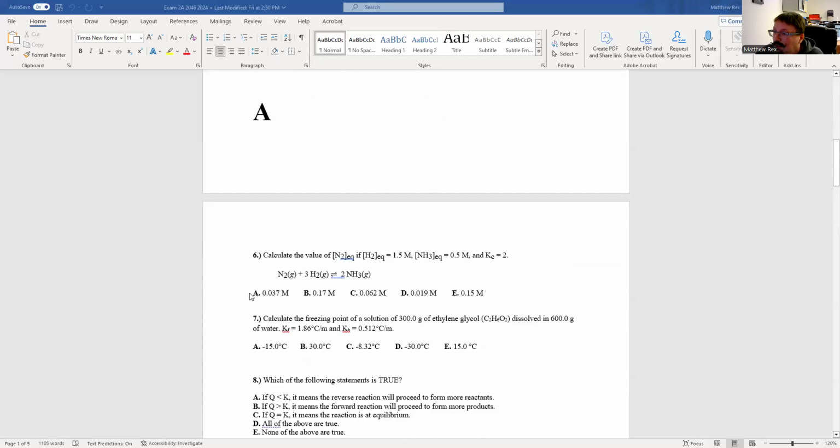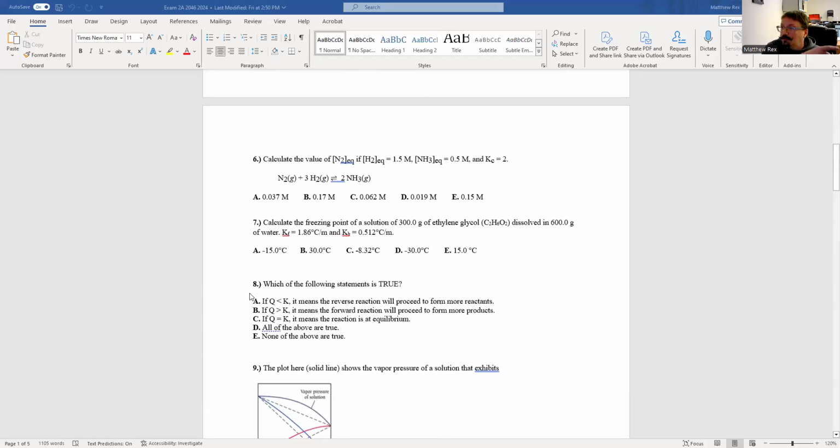Back to this. Calculate the value. Okay, here we go. So we're given the overall reaction equation. It's balanced.